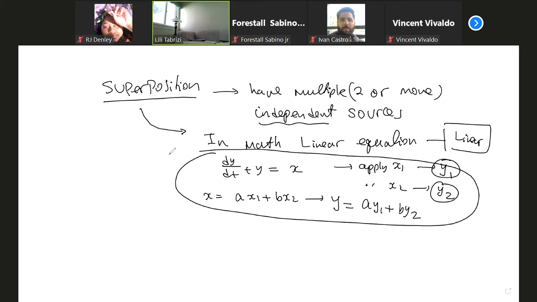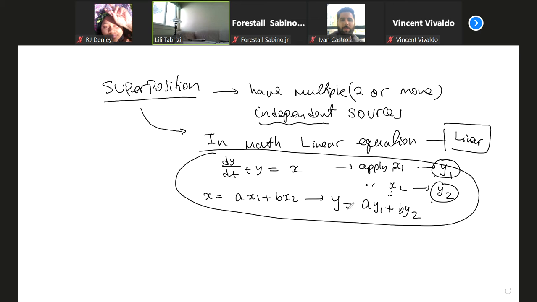If you have 10 inputs, find the response to each one individually, put it aside, and at the end, add them up. Any coefficient is multiplied by the same coefficient. That's a very useful and very famous concept for linear systems.